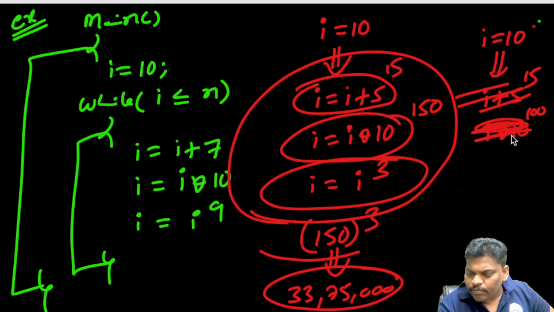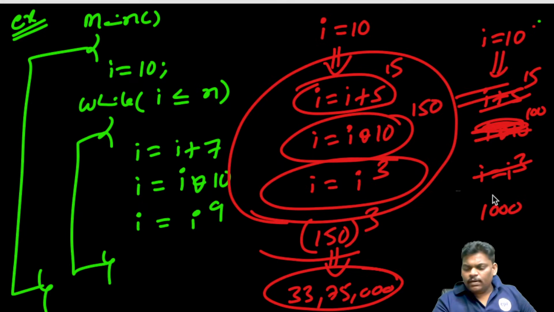If I do only i cubed, it is 10 times 10 times 10, 1000. What I want to say directly is, in this problem I have to do all three operations, and that makes the problem more complex.